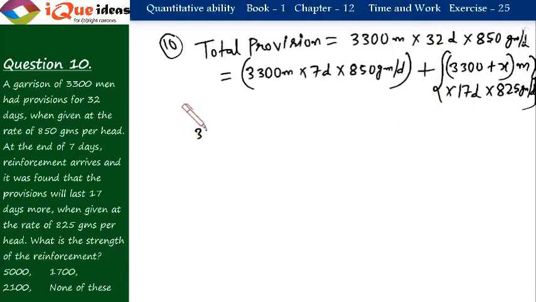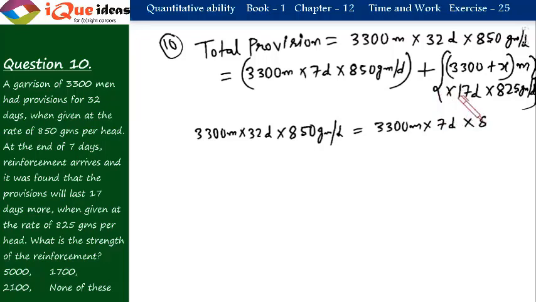So I'll repeat the whole thing. 3,300 men into 32 days into 850 grams per day is equal to 3,300 men into 7 days into 850 grams per day plus 3,300 plus x men into 17 days into 825 grams per day.